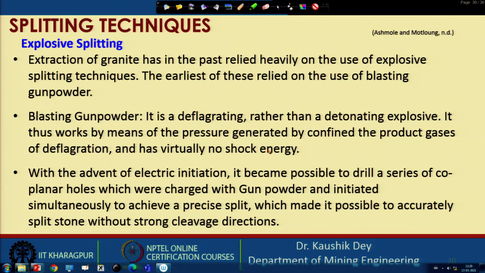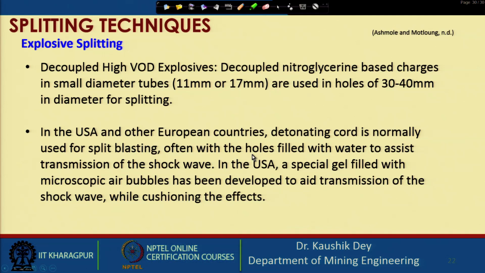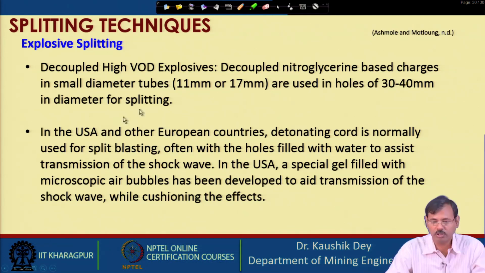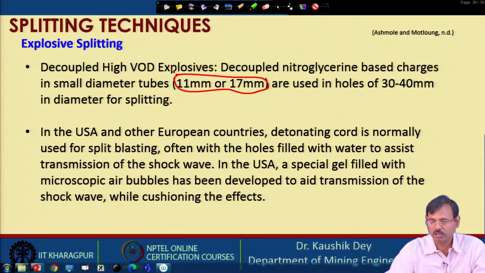That is another technique in which the block can be separated. This is the gunpowder, this is for the explosive mortar. You see small diameter holes are made and blasted with nitroglycerin based explosive or TNT.